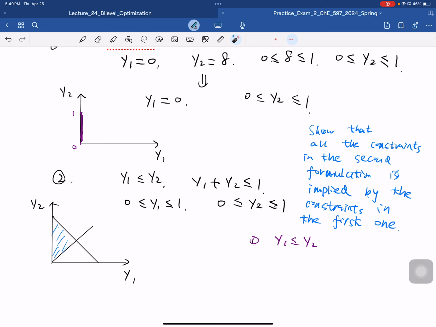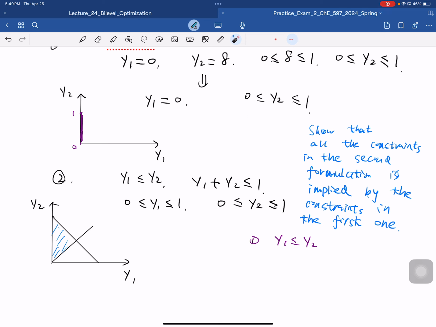right? Okay. So this is a little bit trivial to show since y2 is greater than or equal to 0, y1 equals 0, right? So you just combine these two constraints here, multiply each of these by 1, right?